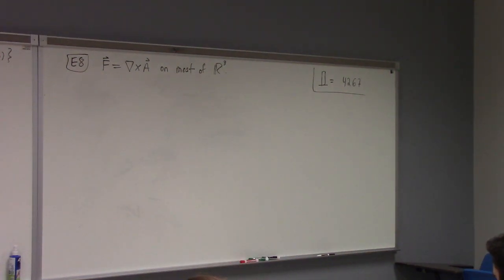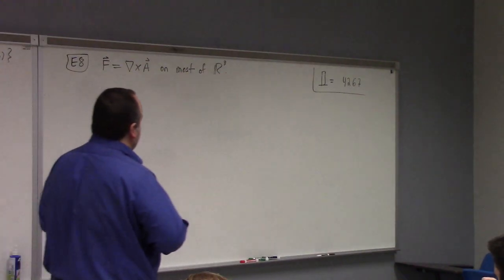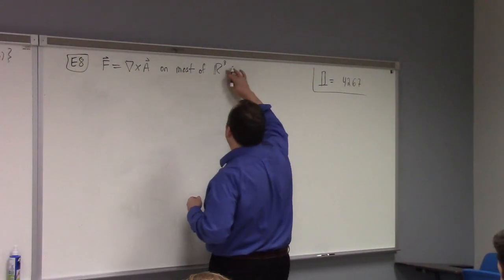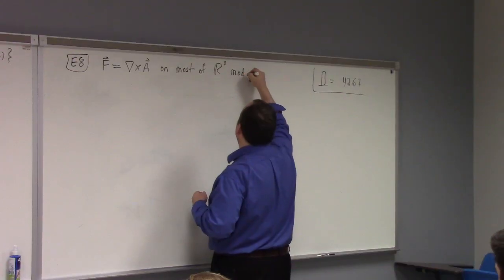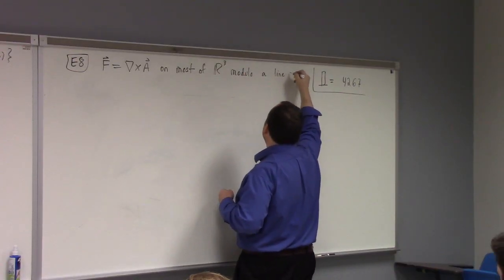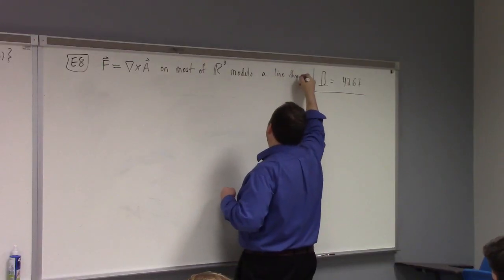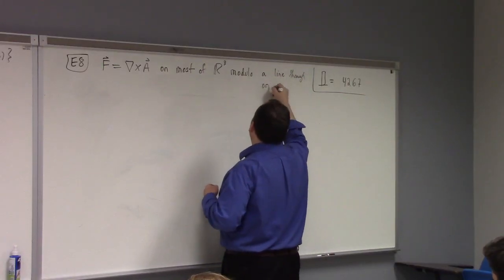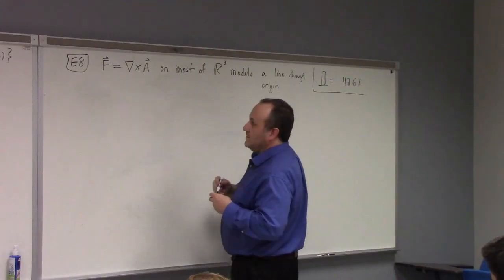Find A for which f is equal to the curl of A on all but a line through the origin. All but a line through the origin, I said. So we can use the word modulo a line through the origin. All right, so I think I've set the stage here.